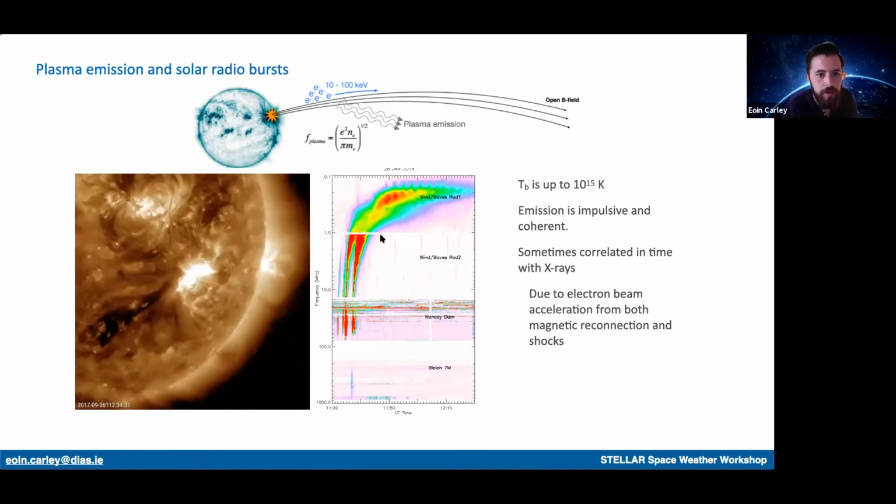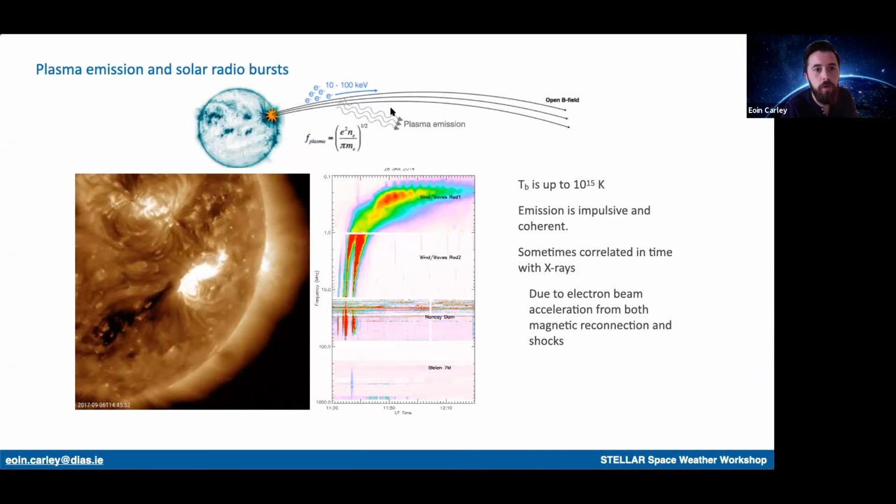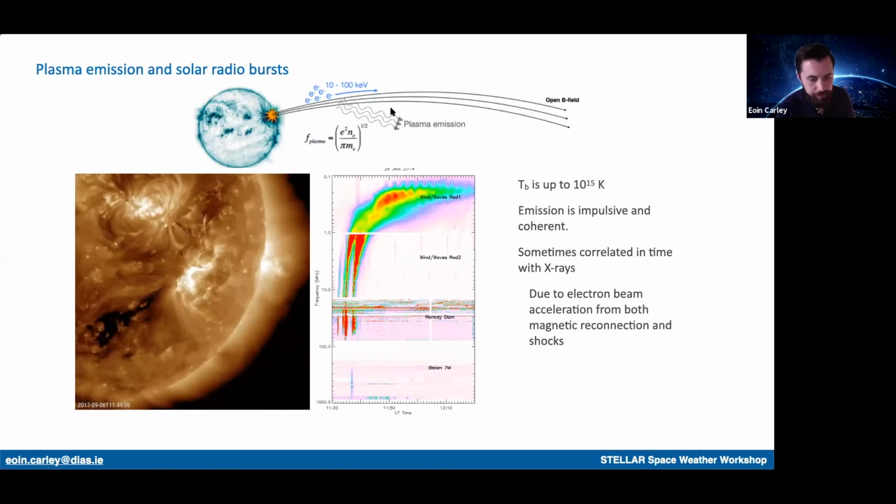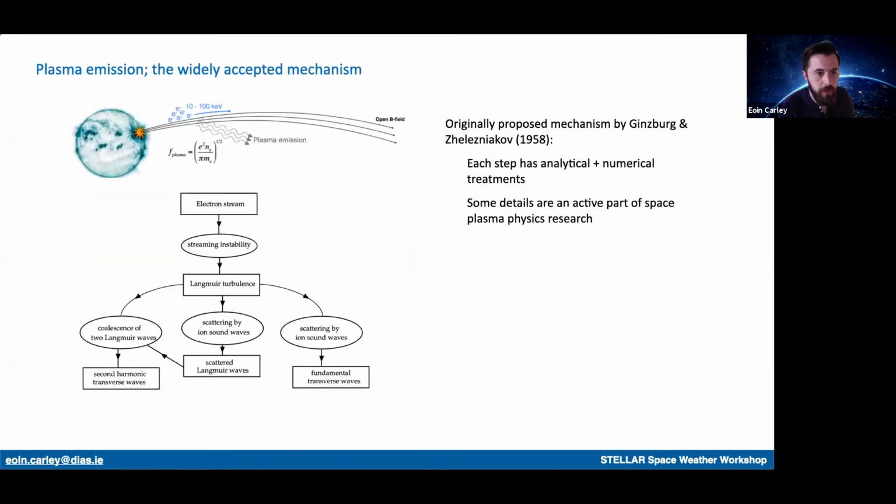So what actually causes this emission mechanism? How do we go from an electron beam to radio waves? It's a multi-stage process. It's pretty involved. As I said, each one of the stages is an active area of research, but the original mechanism was proposed by Ginzburg and Zheleznyakov in 1958.